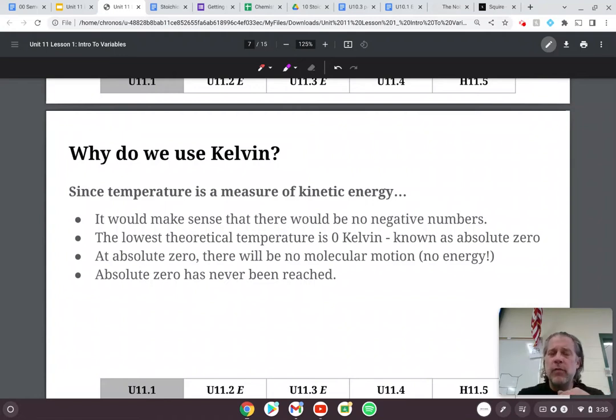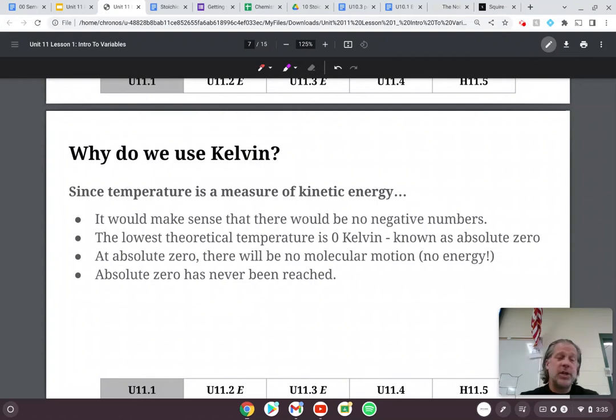So the Kelvin temperature scale, when it says that it's at 0, is a temperature where we can assume that all particle movement has stopped. So the particles have slowed down to the point where they've actually stopped moving. And in theory, the subatomic particles would also stop moving, like the protons and the neutrons and the electrons. So at that point, we've gotten to 0 because there's absolutely no particle movement.